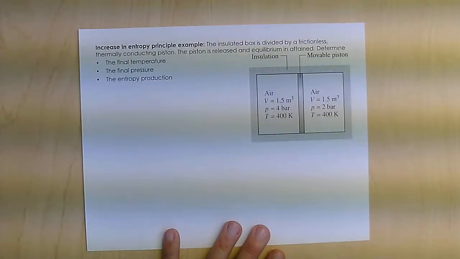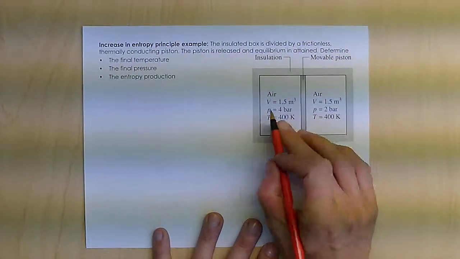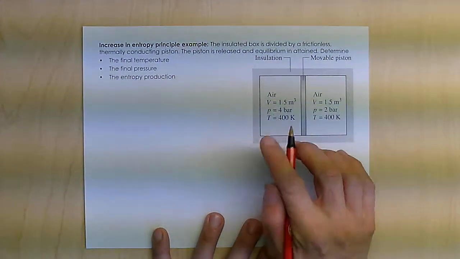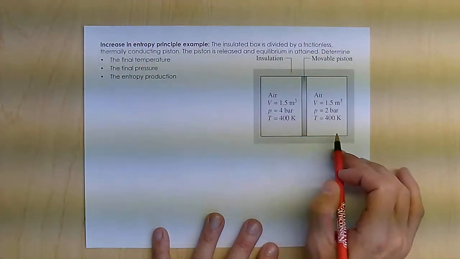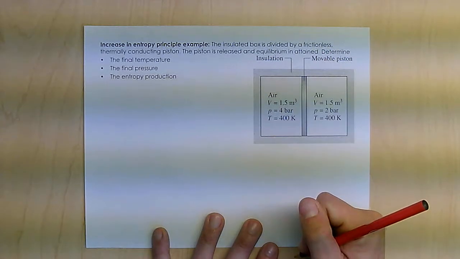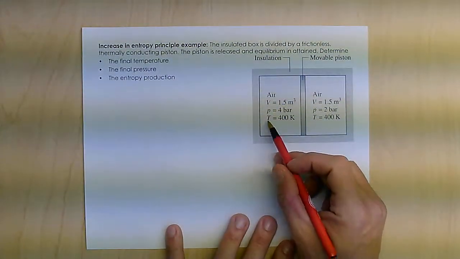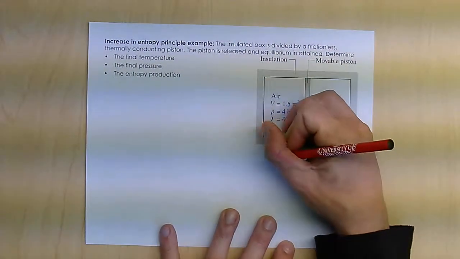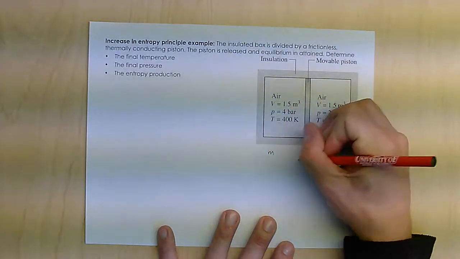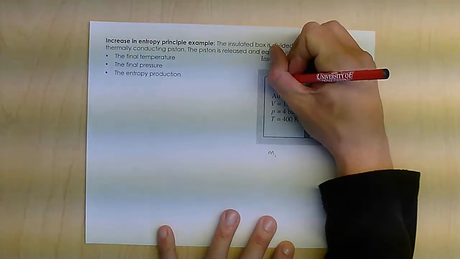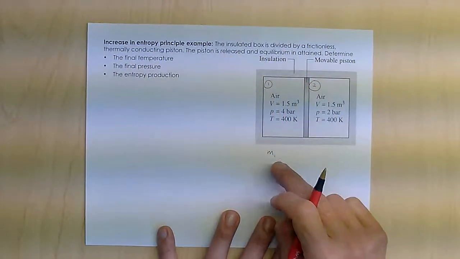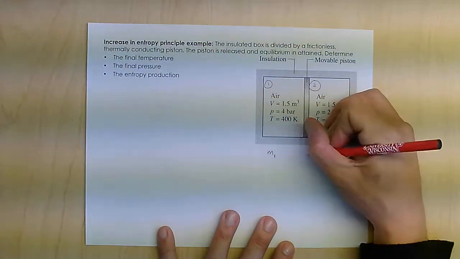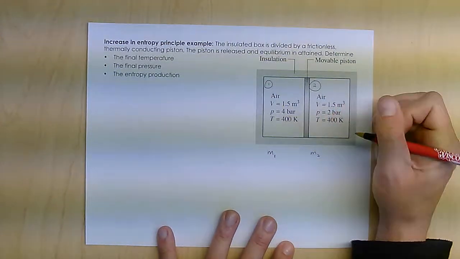Before I get started, I'm going to figure out the properties necessary for each side of the box. We'll call this side 1 and this one side 2. First, I'll find the masses, mass 1 and mass 2.